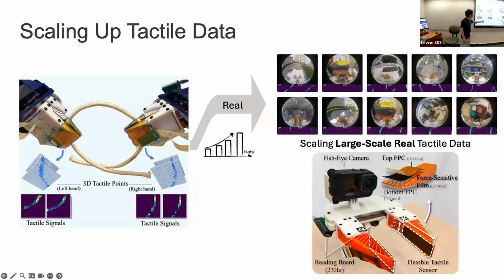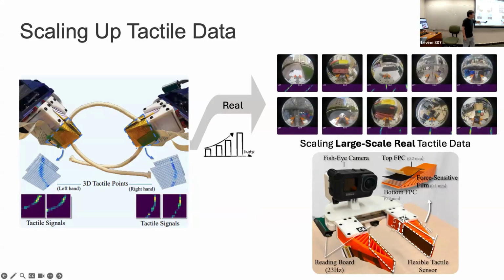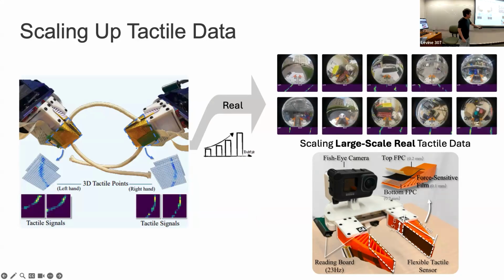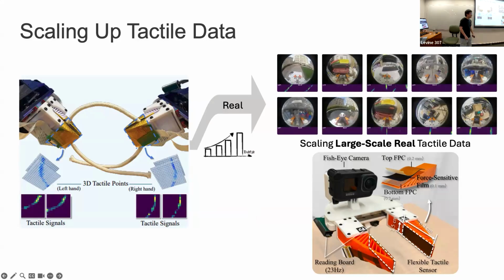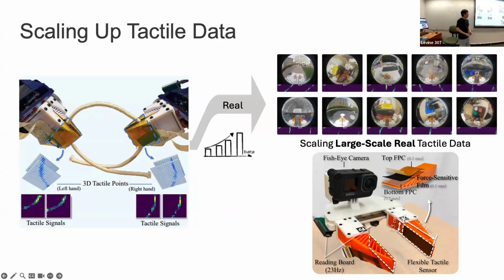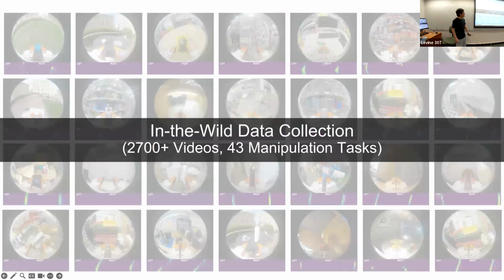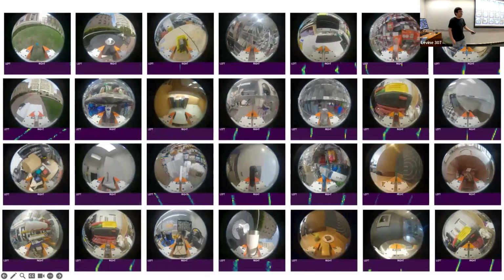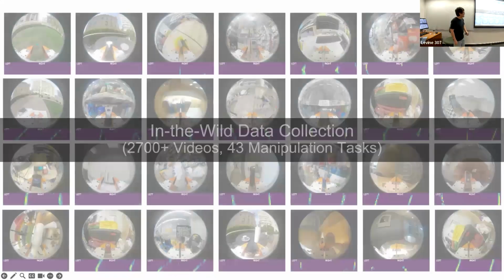So we built portable devices. This is a device you must be familiar with: it's the UMI gripper, whose original paper was published by Stanford, and we attach our tactile sensor on top of this gripper. That also shows that our sensor is very easy to attach to any surface you want. Then we bring this gripper outside the lab and collect a lot of data: 2,700 videos including 43 tasks.